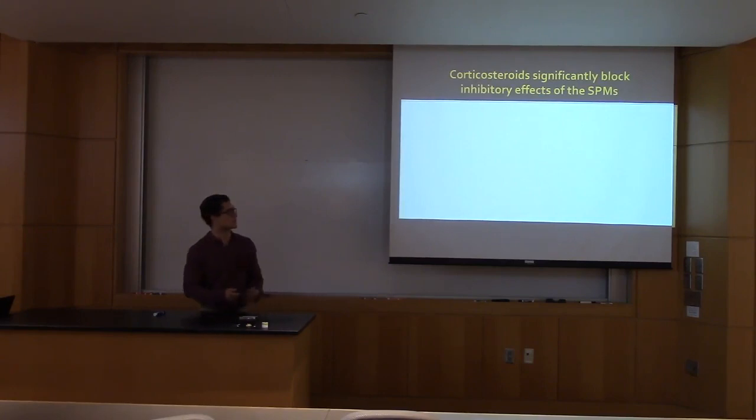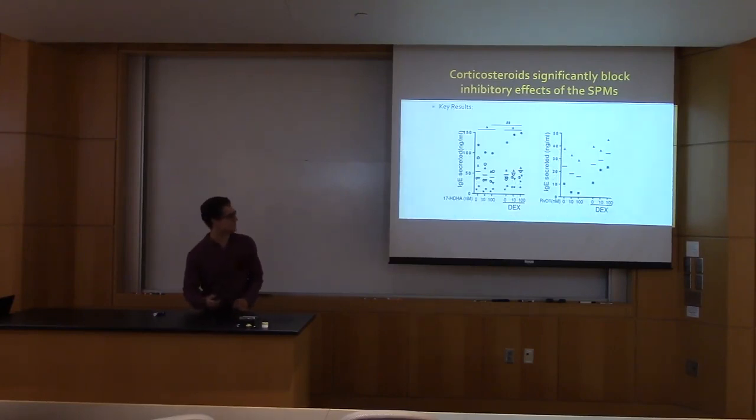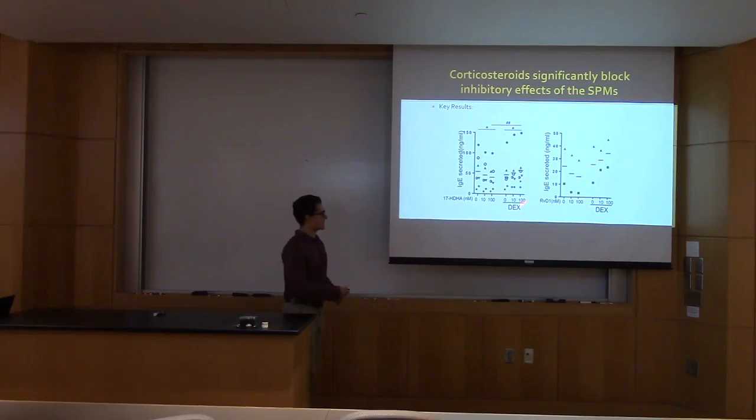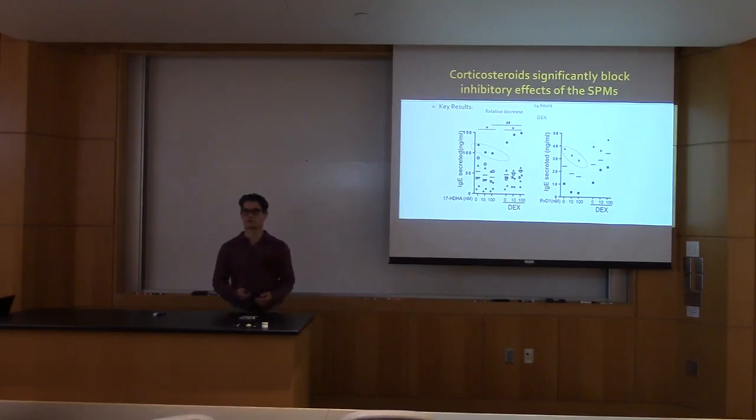So now we're looking at if corticosteroids can block the inhibitory effects of these SPMs. So again, we have a similar graph, but instead of just having our resolvins on our x-axis, we also have DEX, which is our corticosteroid. So again, we see a relative decrease when we increase resolvins, but after 24 hours and being treated with a corticosteroid, we see a relative increase in IgE production.